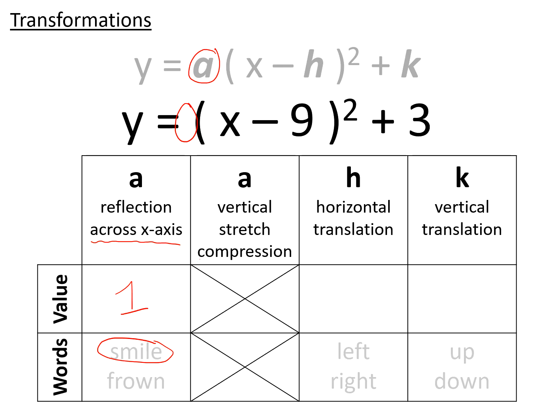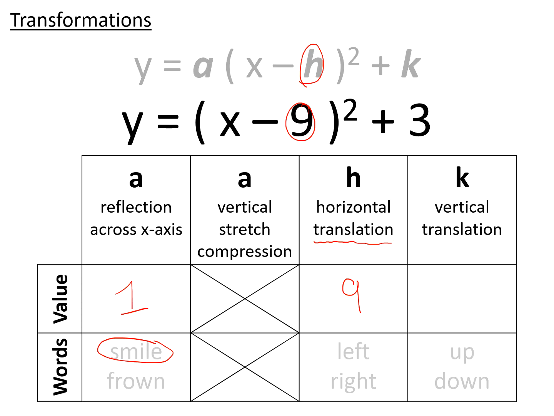Our a value also tells us if there's a vertical stretch or compression, but we will learn about that in a later lesson. Next, our h value is +9. Our h value tells us if there's a horizontal translation. In other words, has the parabola been moved to the right or to the left?